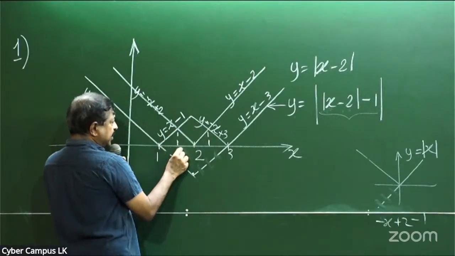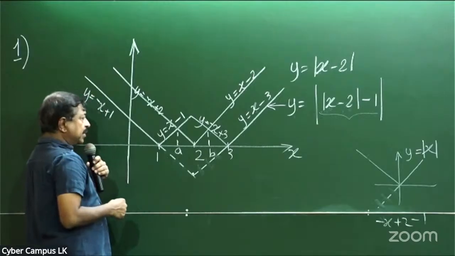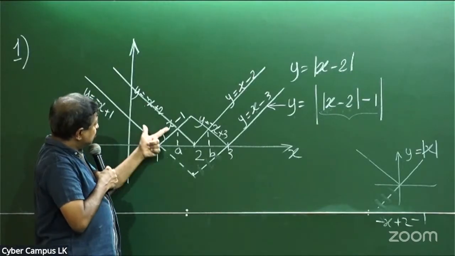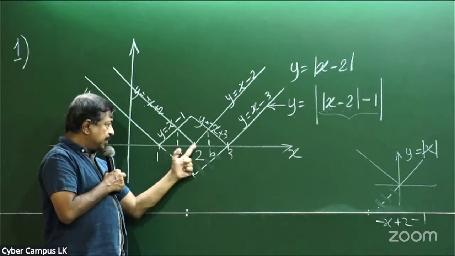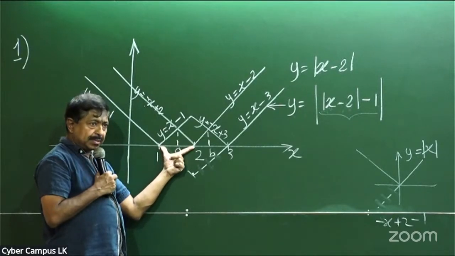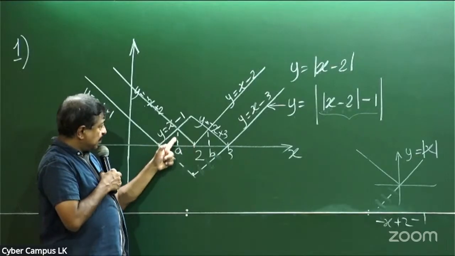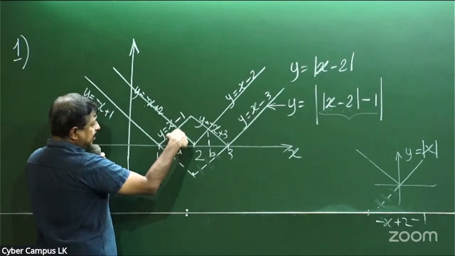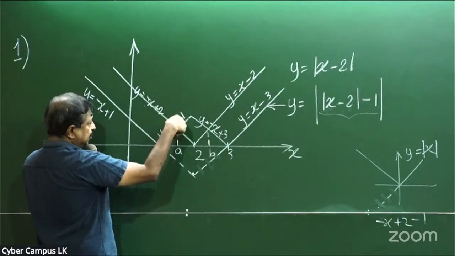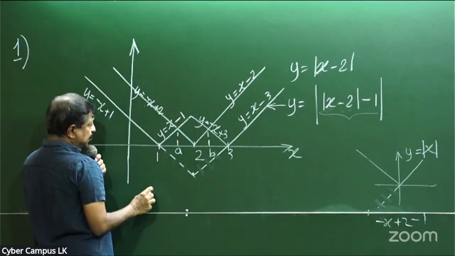So by symmetry, you can straight away say what a and b are. If you want, you can solve these equations and find a and b. It is in fact the midpoint of this line segment. It is 1.5 and this is 2.5. If you want, you can solve these two. This is x minus 1 and this is minus x plus 2.